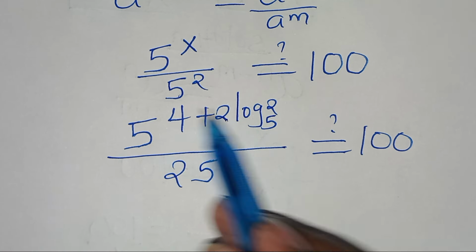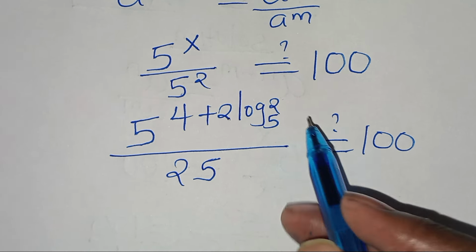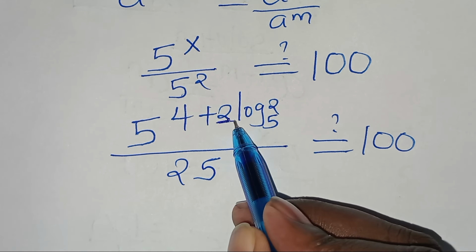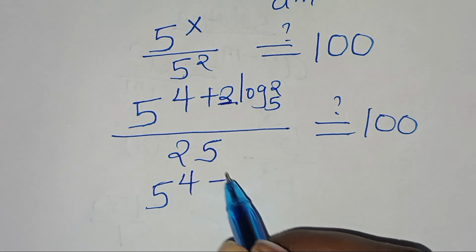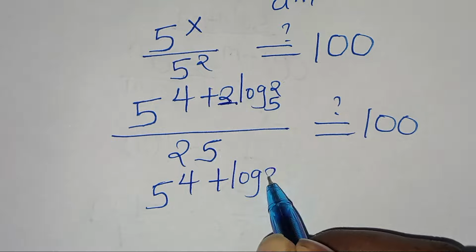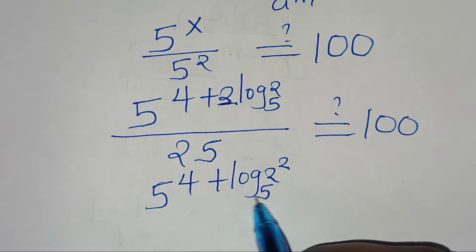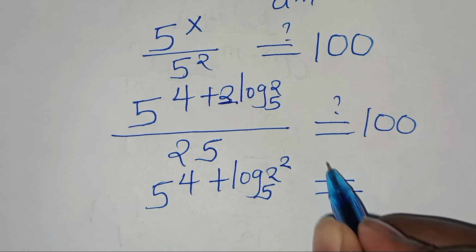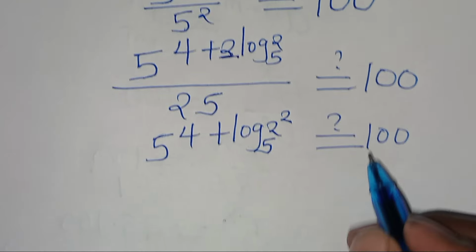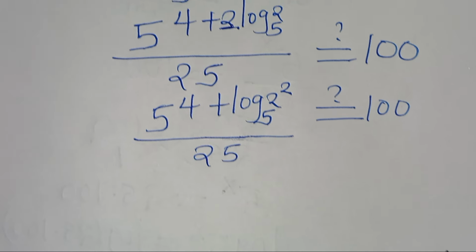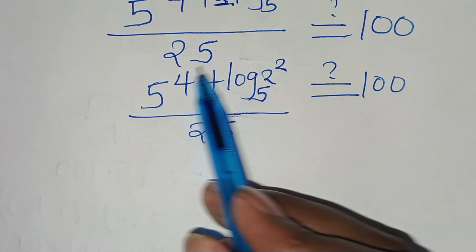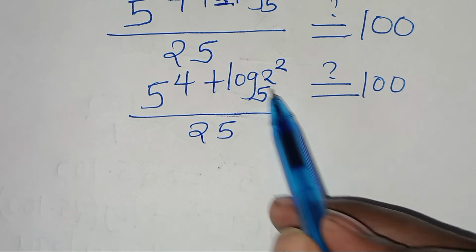So 5 to the power of 4 plus 2 log 2 to base 5. 2 is a power, so we can express this as 5 to the power of 4 plus log 2 to the power of 2 to base 5. This is supposed to give us a value of 100. This is divided by 25. 5 to the power of 4 plus log 2 to the power of 2 to base 5.